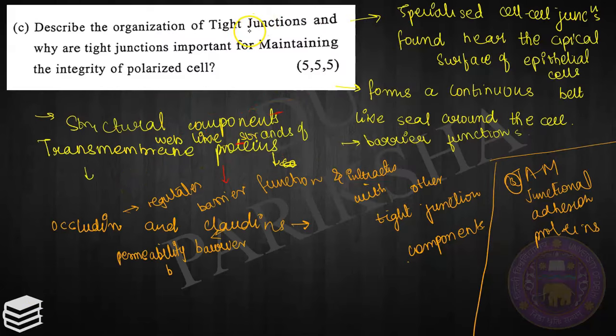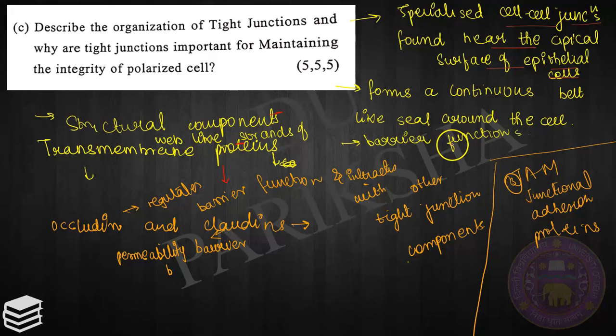Describe the organization of the tight junctions and why are tight junctions important for maintaining integrity of the polarized cell. Tight junctions are the specialized cell-cell junctions that are found near the apical surface of the epithelial cells. और ये एक तरीके से कॉन्टिन्यूस बेल्ट बनाते हैं जो सील कर देता है सेल को.